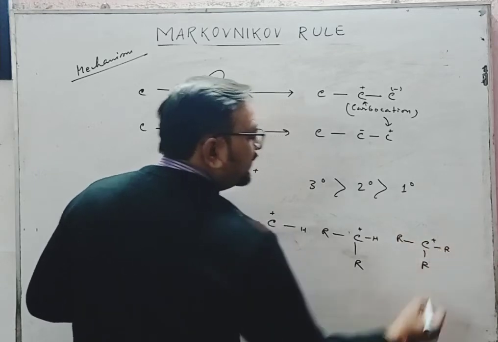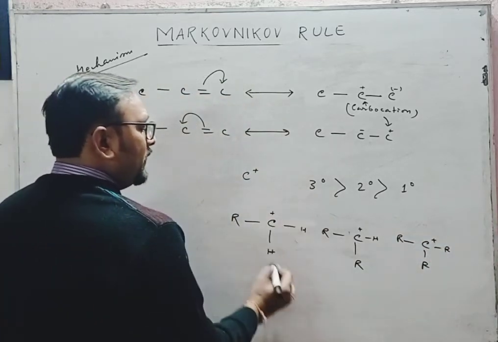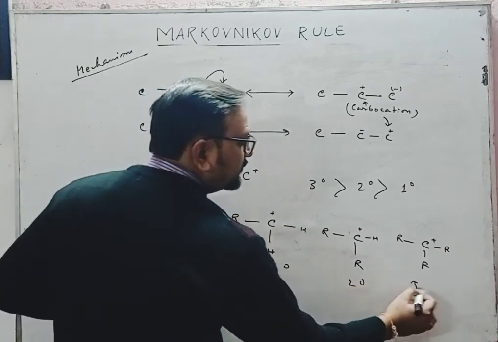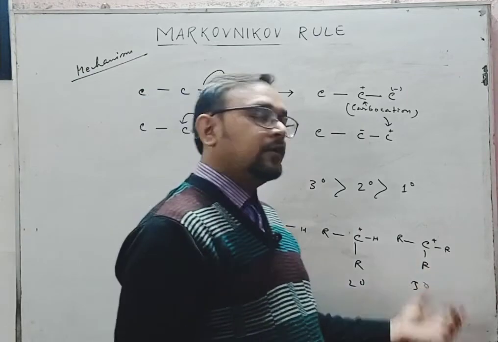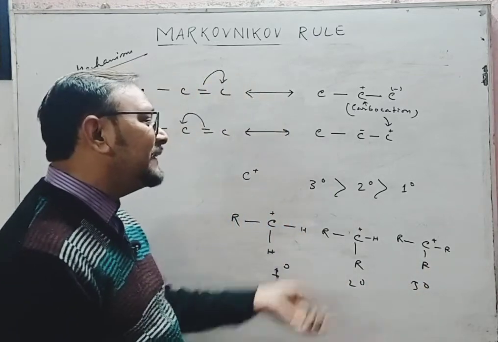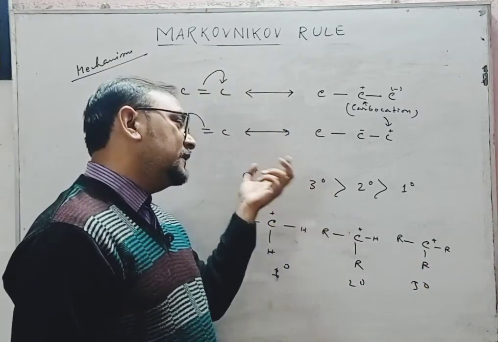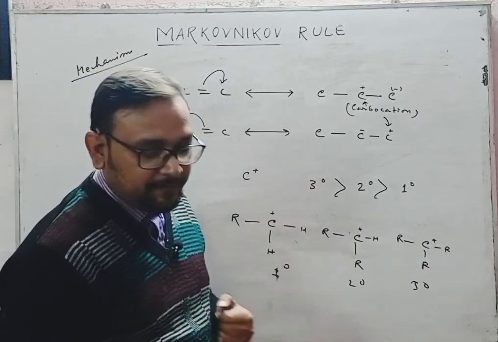So this is your 1 degree, 2 degree, and this is your 3 degree. Now, which carbocation is more stable? The stability of the carbocation increases with the degree of the carbocation.